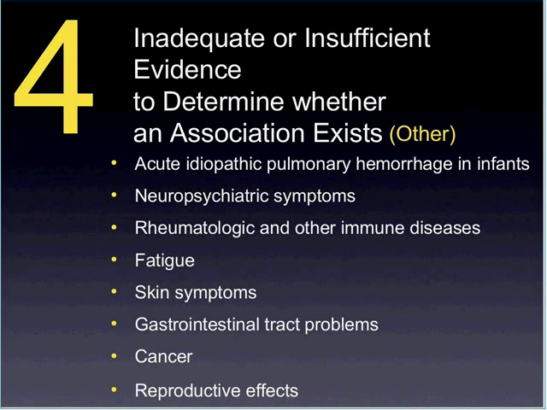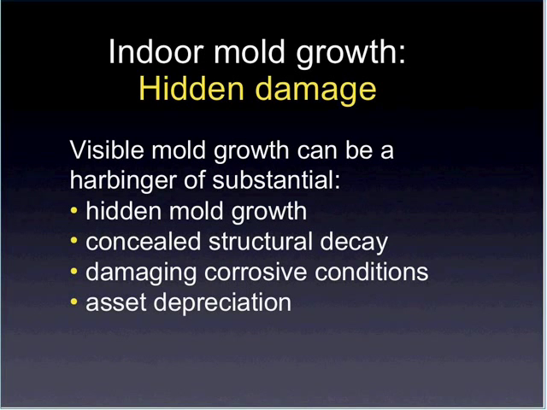This is where the so-called toxic black mold Stachybotrys became of great interest, and the Institute said there was not sufficient evidence to determine whether there's an association for that, for fatigue, skin symptoms, cancer, reproductive effects, and others.